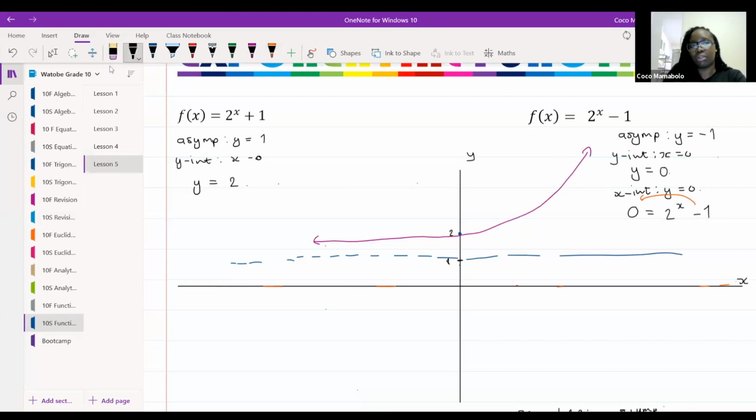Plus 1 is equal to 2 to the power of x, and then I checked for an answer that will give me 1, which was 2 to the power of 0, and 1 to the power of 0, which is 1. So 2 to the power of 0 is equal to 2 to the power of x. Therefore, x must equal 0. So the point that my graph will go through is the point (0, 0).